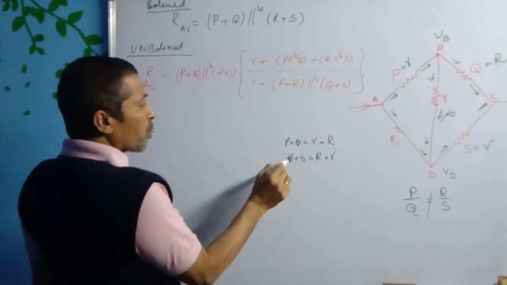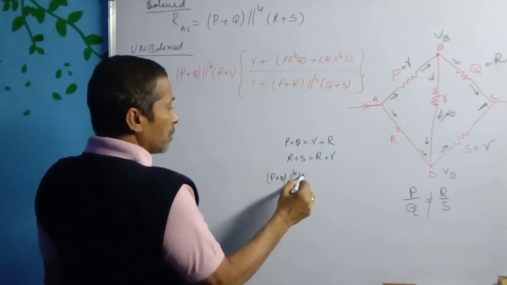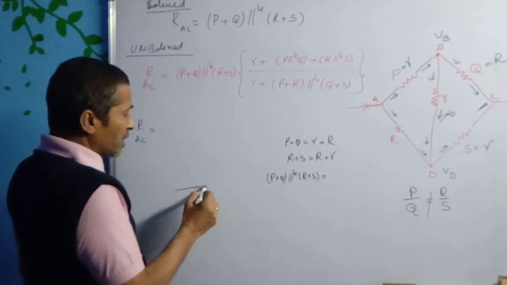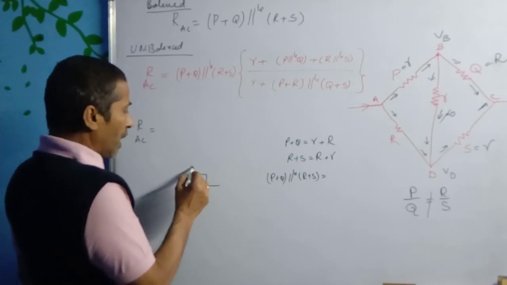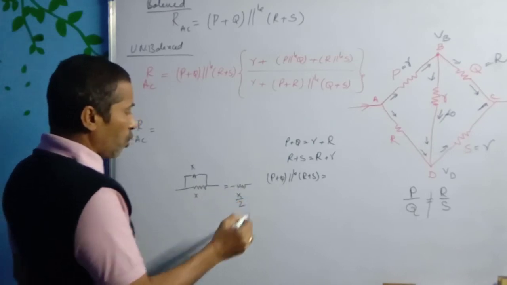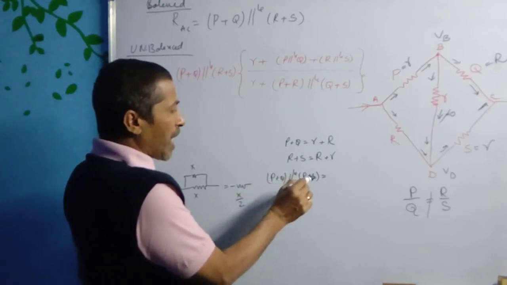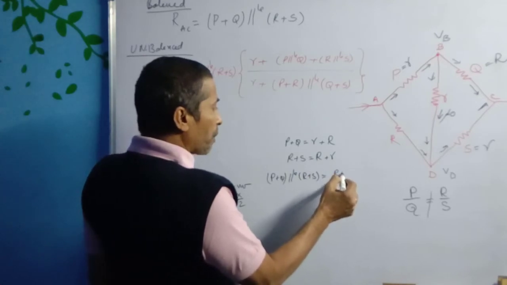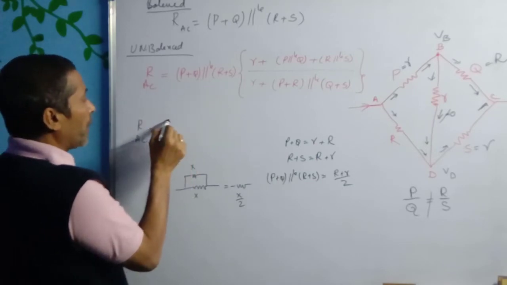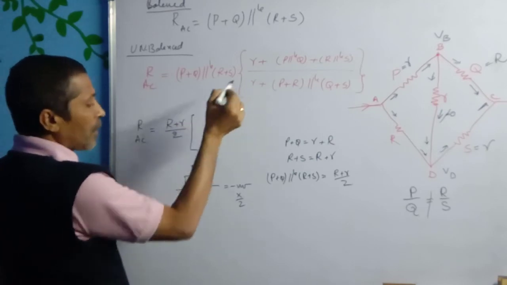Therefore, P plus Q and R plus S in parallel combination. You know, if two equal resistances are in parallel, X and X, their equivalent is equal to X by 2. Therefore, here P plus Q in parallel to R plus S is nothing but R plus small r by 2. Now we go to the factor.